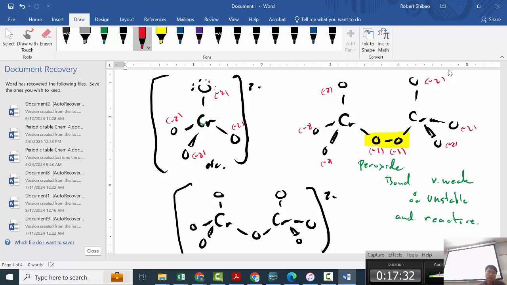These are all -2. That means chromium is +6. Chromium's +6 here. All these are -2. Over here, the chromiums would maintain a +6. +6 is its max.